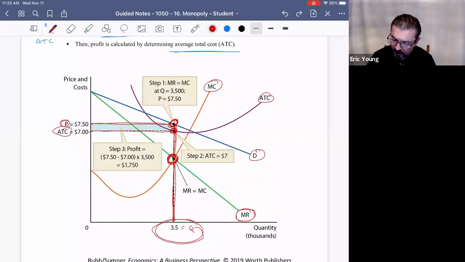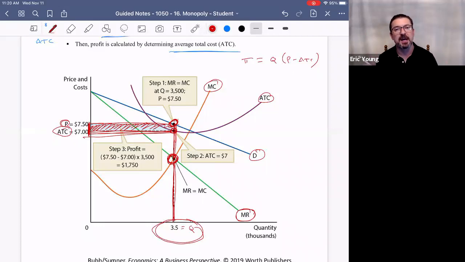Or you can just remember our formula. Profit is equal to Q times P minus ATC. Well, this distance here is P minus ATC, and this distance here is quantity, and therefore this shaded box is profit. Okay, simple steps.